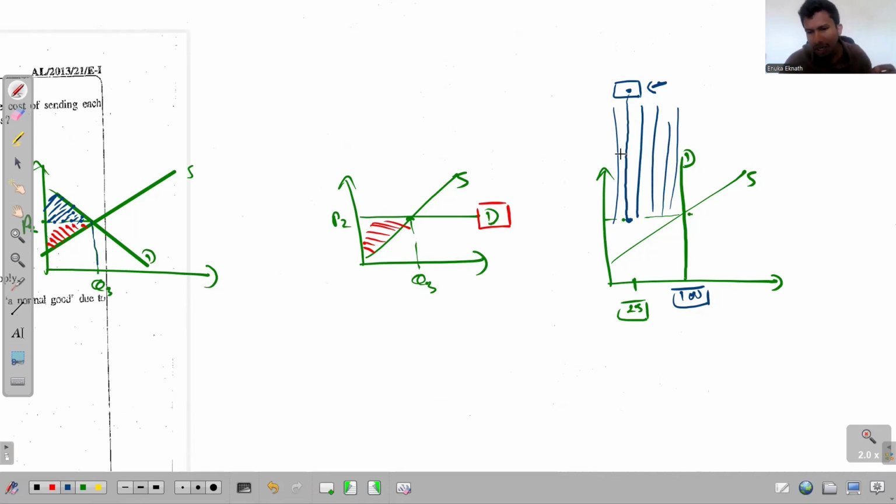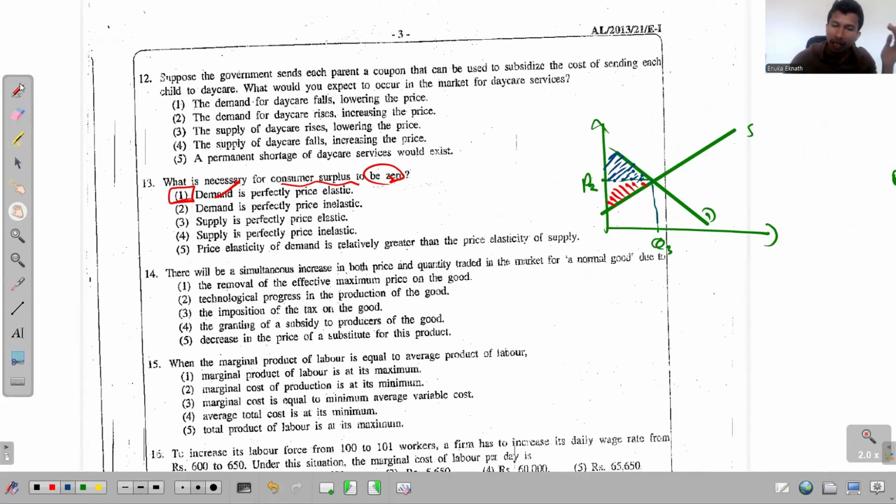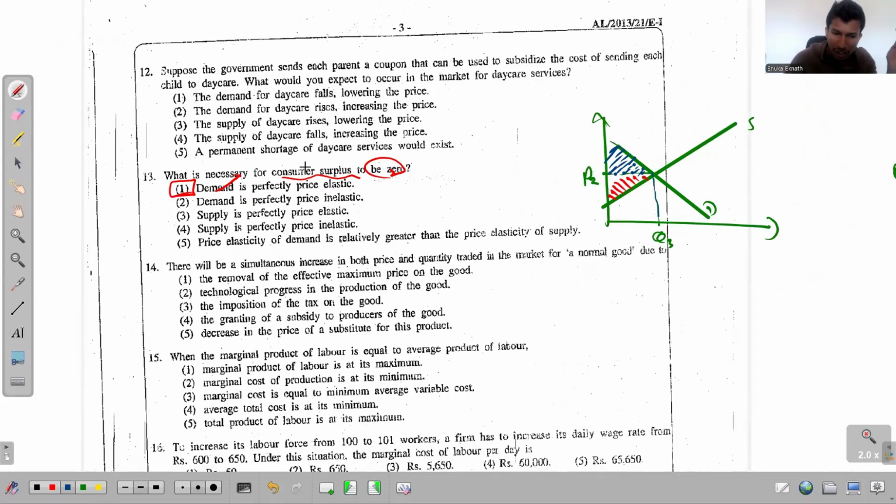The consumer surplus becomes infinity, not zero. So the total opposite of what we really discuss here. We wanted this consumer surplus to become zero, but in real, when the demand is perfectly price inelastic, it becomes infinity. So this is not the answer.